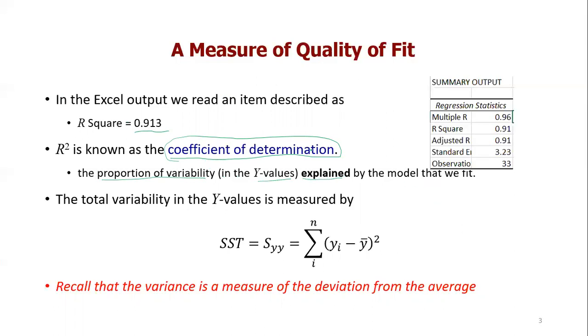It's the variability that we can explain by the regression model. If the ratio of this explanation is high, then it's good. If the explanation is low, then there's a problem with your model.